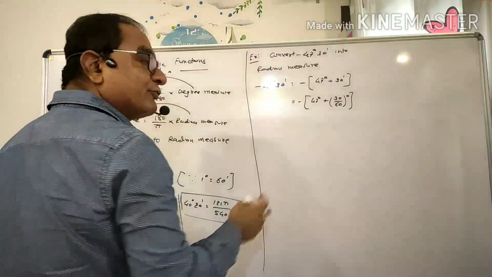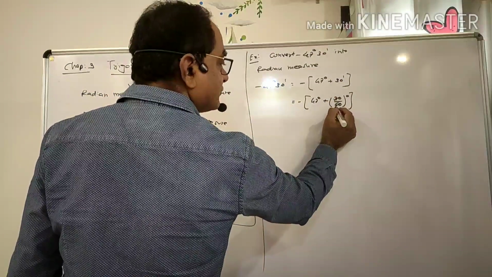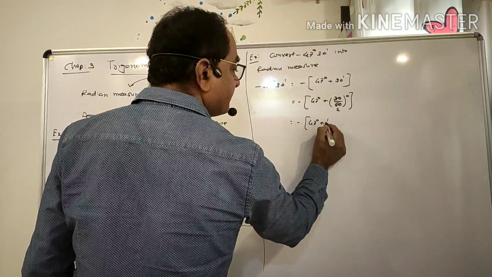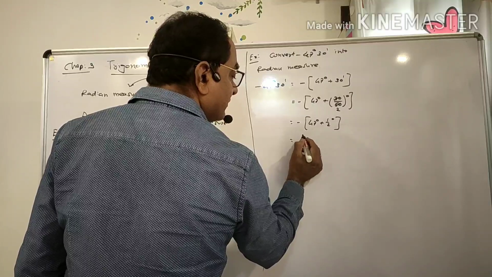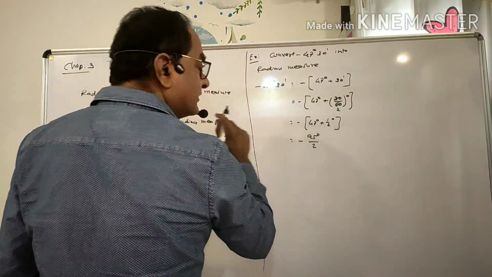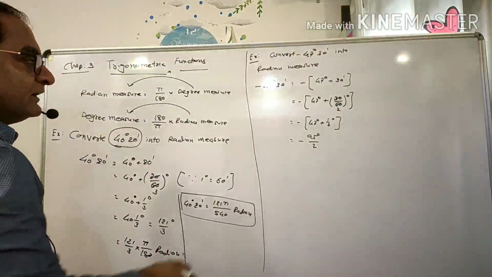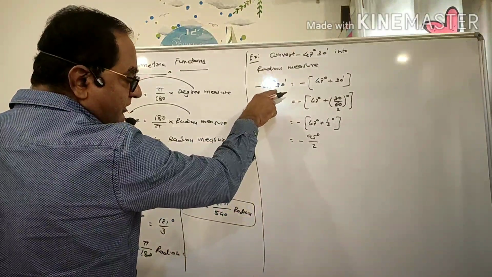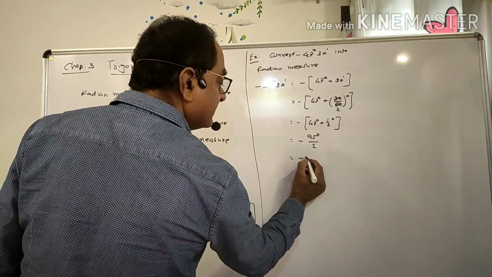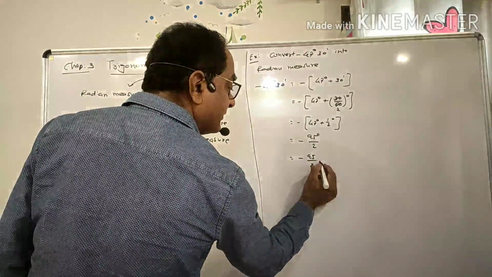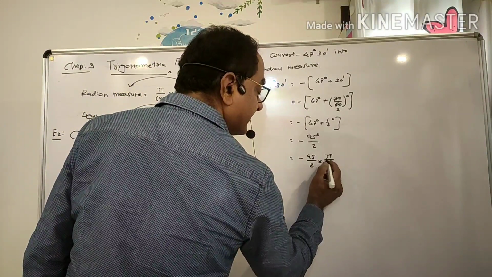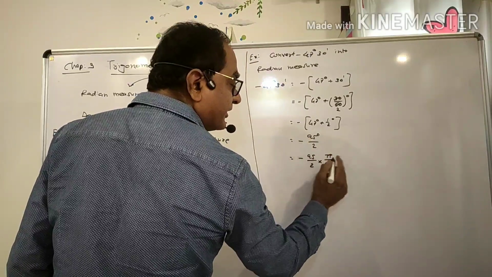I am converting minutes into degree. 30 by 60 is 1 by 2, so it will be 47 degree plus 1/2 degree. Simplification will be minus 95 by 2 degree. Now I have got it in terms of degree. I just removed the minute part, made it a degree. Now we can have radian: 95 by 2 into pi by 180. I am just multiplying by pi by 180, so it becomes radian.